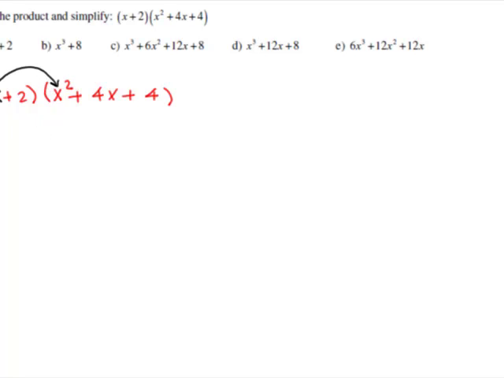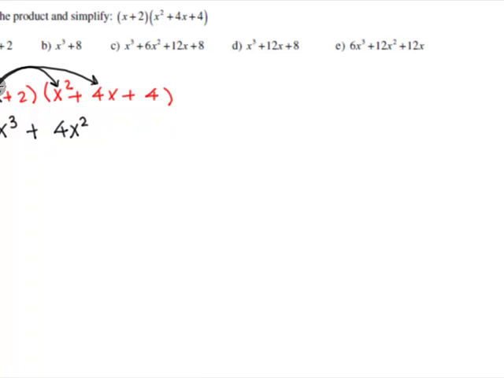x times x squared is going to give me x cubed. x times positive 4x: positive x times positive 4x is positive, so x times 4x is going to be 4x squared. We want to predetermine the sign before we write it down.